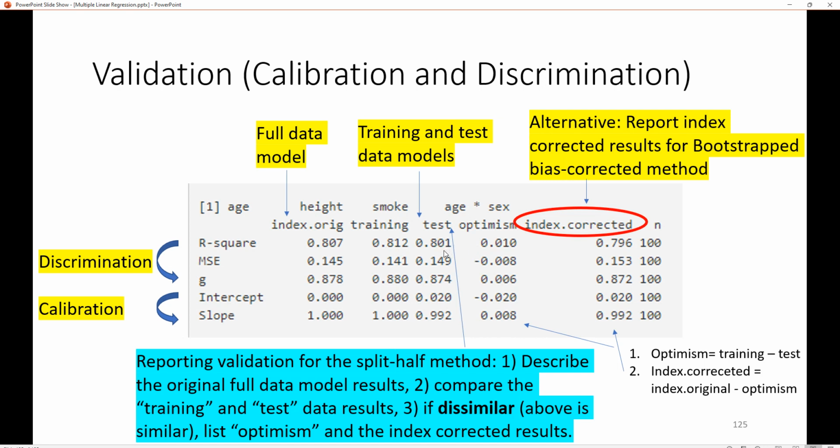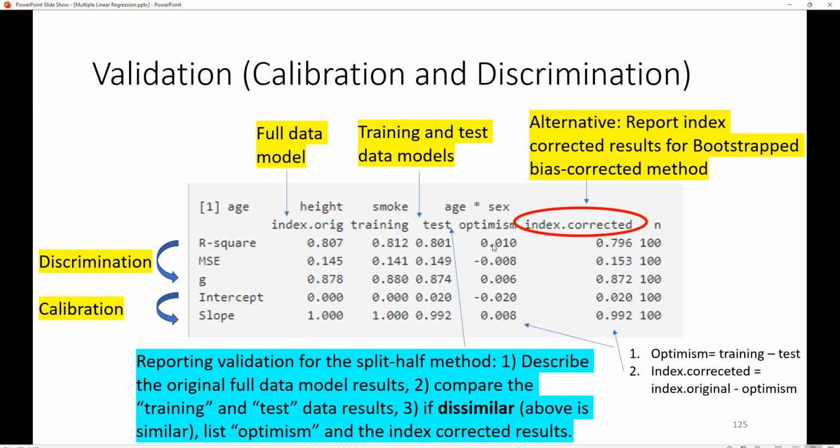And this is where you usually can just, at this point, just report these 2 statistics. We do have what's called optimism, which is the difference between your training and your testing set. So it's 0.812 minus 0.801. That rounds out to about 0.01.